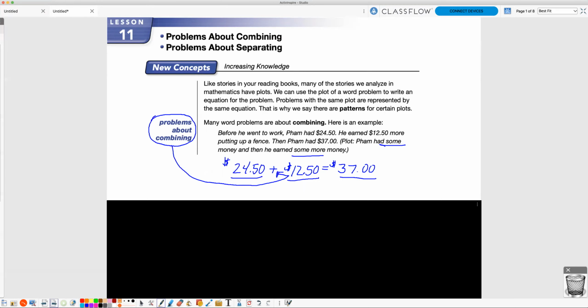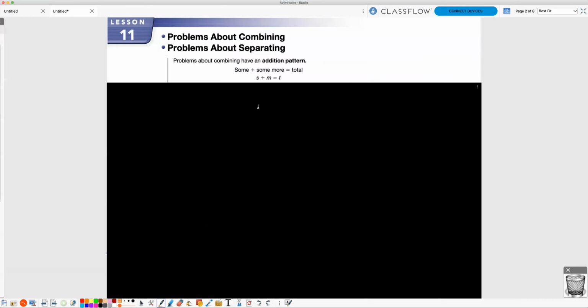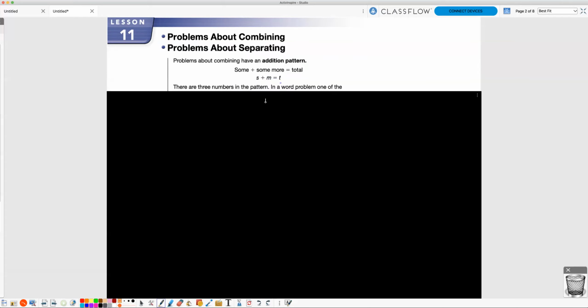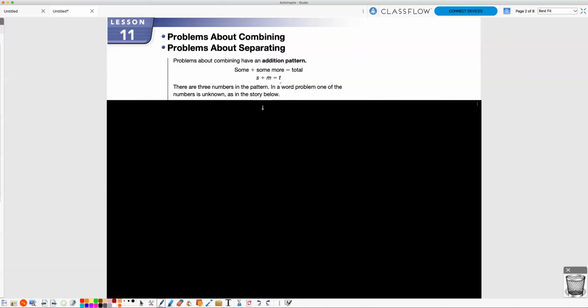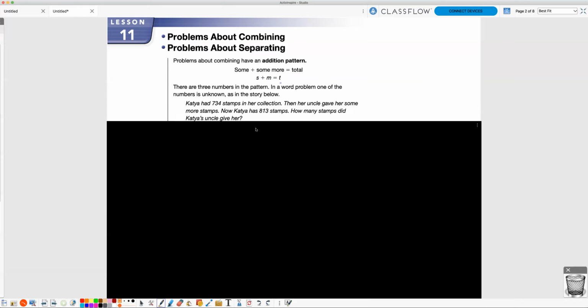Okay, let's look at problems about combining that have an addition pattern. Some plus some more equals a total. So when you look at this, you have sum plus more equals a total. There are three numbers in the pattern. In a word problem, one of the numbers is unknown, as in this story below. Katya had 734 stamps in her collection.